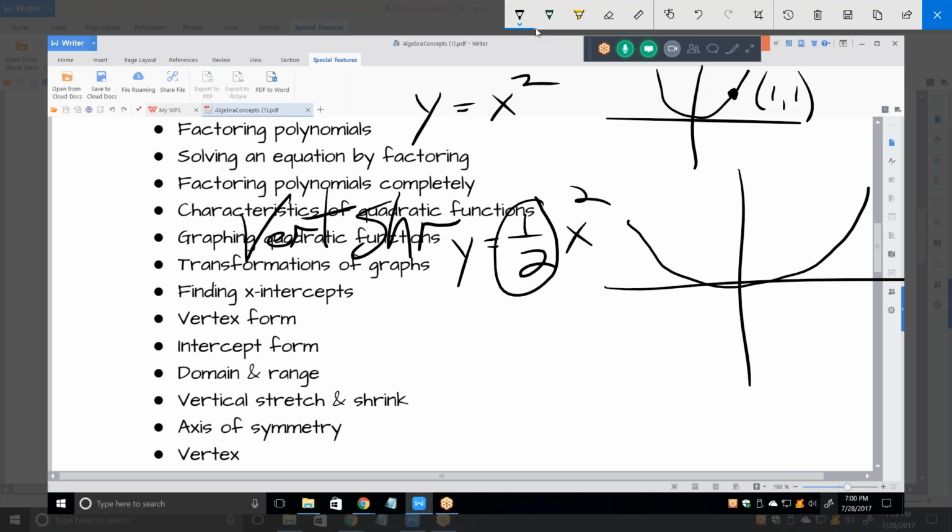If I multiply that by 1/2, then the new point is half as close to the x-axis. It's down there. I'm multiplying the y value by 1/2.